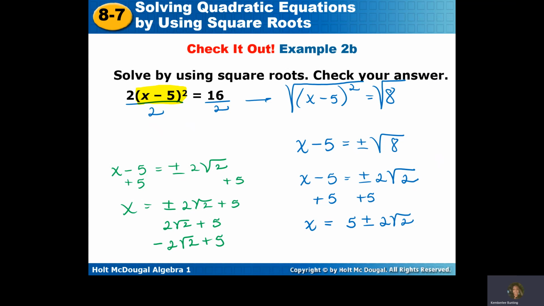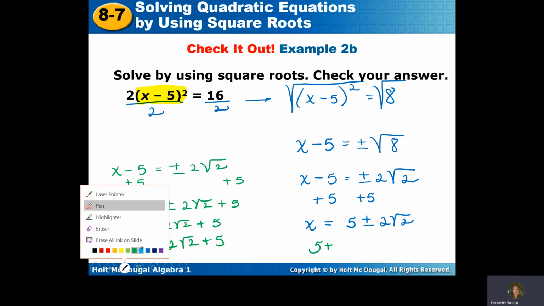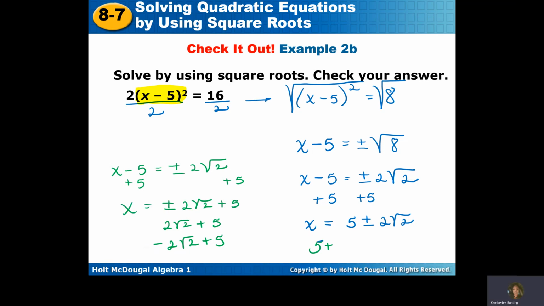May I proceed? So at this point, young people, depending on how the answer is structured, they may want you to literally write out 5 plus 2 root 2, comma, 5 minus 2 root 2, because these are two separate quantities.